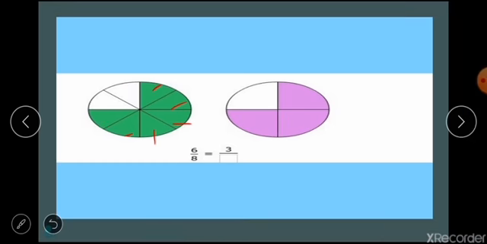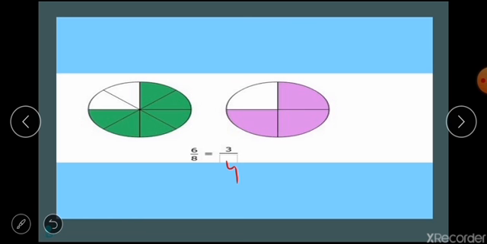So I will write 6 upon 8 in fraction form. And how can I write this? 1, 2, 3. There are total 3 colored parts and total 1, 2, 3, 4. So I will write 4 in the denominator. So students, in this way we can write 3 by 4.